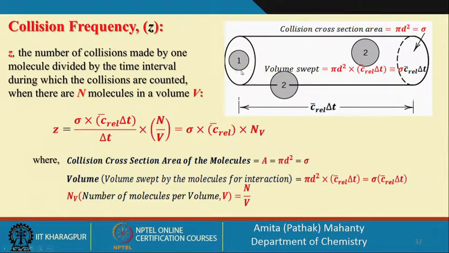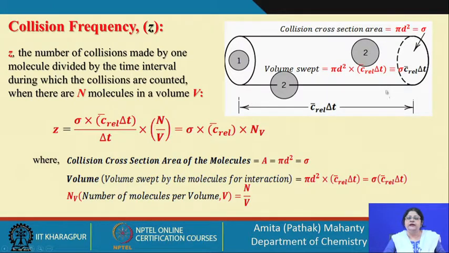So, what is the number of collisions? The number of collisions is going to be the total number of molecules occupying the swept volume. What is the swept area? This is the area of cross section, where the diameter is d, so pi d square, which is also known as sigma, the collision cross section area, times the distance.